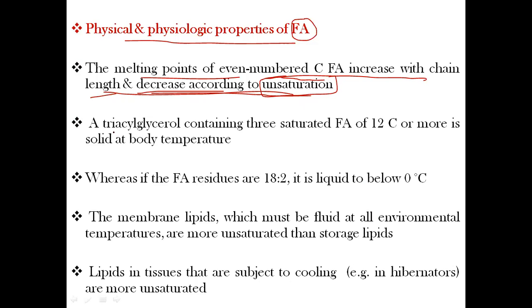Next one is that a triacylglycerol containing 3 saturated fatty acids of 12 carbons or more is solid at body temperature. So a triacylglycerol containing three saturated fatty acids of 12 carbons or more will be solid at body temperature.